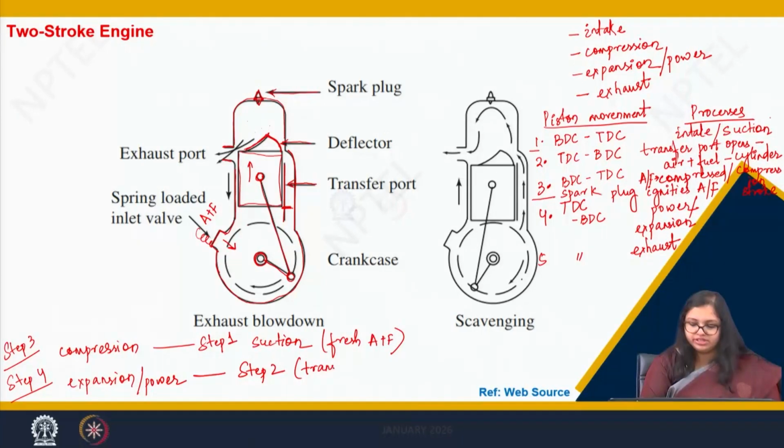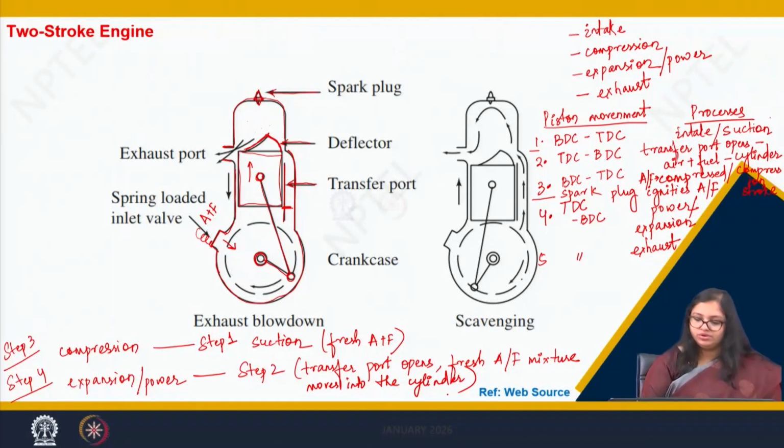My transfer port opens and the fresh air fuel mixture moves into the cylinder. At the same time, when the fresh air fuel mixture is moving into the cylinder, my step 5 is also happening.